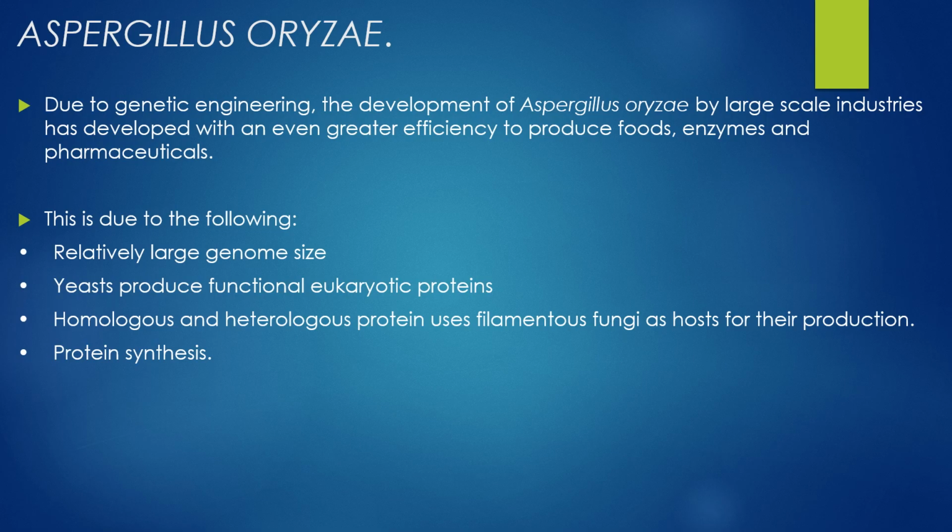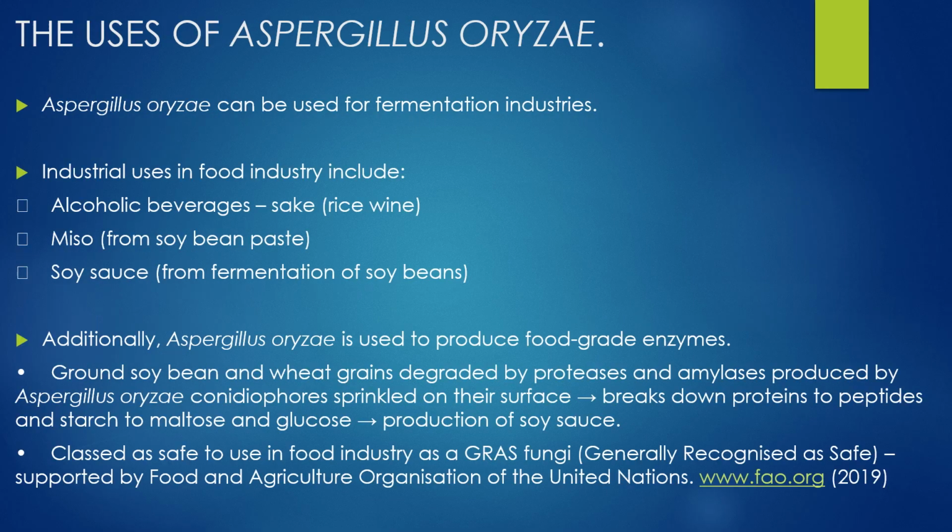Homologous and heterologous proteins use filamentous fungi as hosts for their production and protein synthesis. Aspergillus oryzae can be used for fermentation industries. Industrial uses in the food industry include alcoholic beverages, miso, and soy sauce. Additionally, Aspergillus oryzae is used to produce food-grade enzymes.